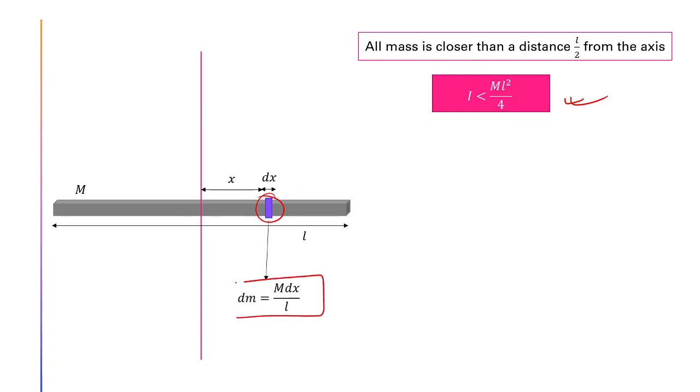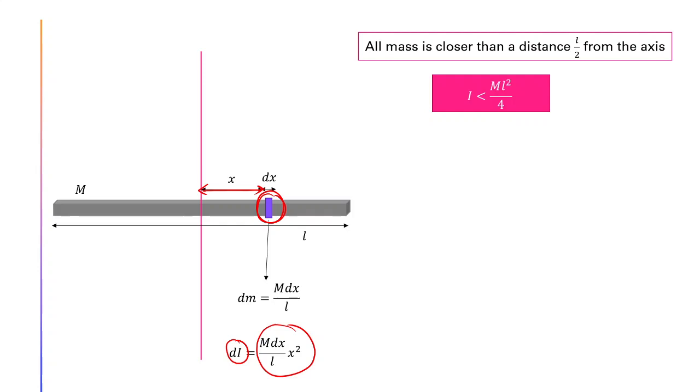Then the mass element: the whole length L has a mass m, so unit length will have a mass m by L, and dx length will have mass (m by L) dx. Using this mass, the small moment of inertia dI of this small part will be its mass times its perpendicular distance squared from the axis, so (m by L) dx times x squared, and there is no vector i cap or j cap, nothing like that.